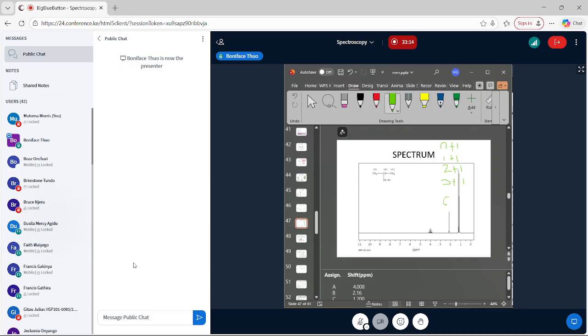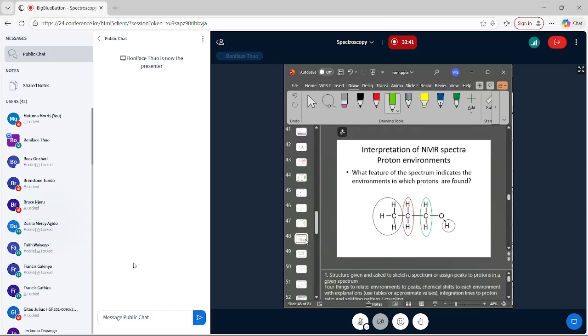And when you have 6, then you would expect a similar trend. So this peak due to the methane hydrogen is split into 7, making it a very weak signal. And you can describe that as a multiplet. Any questions?